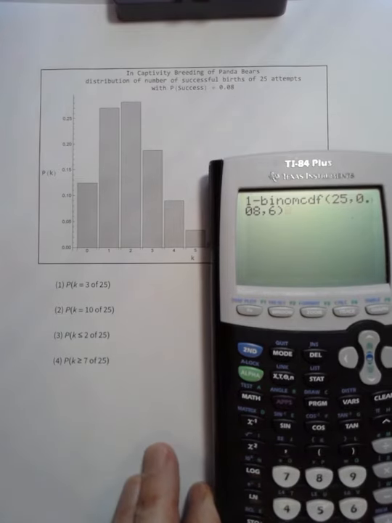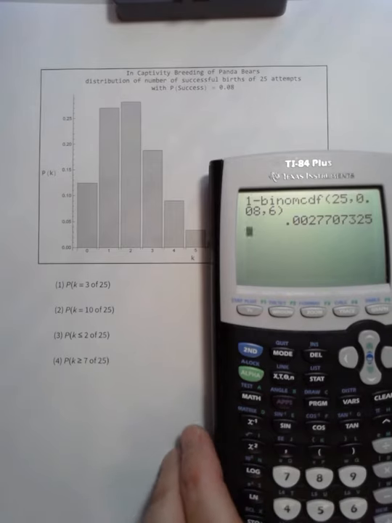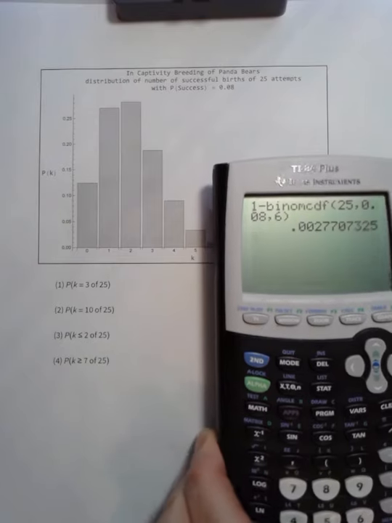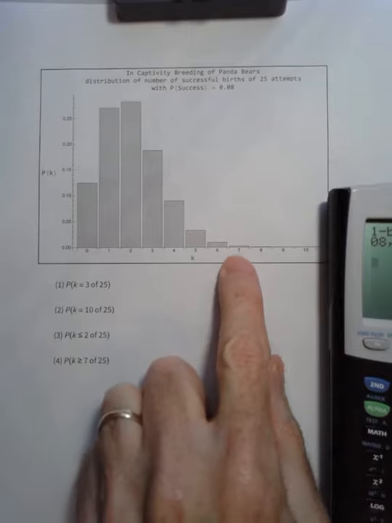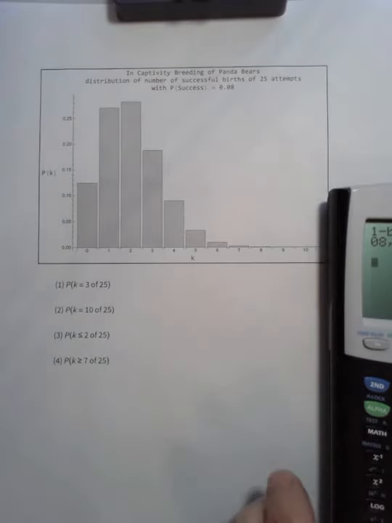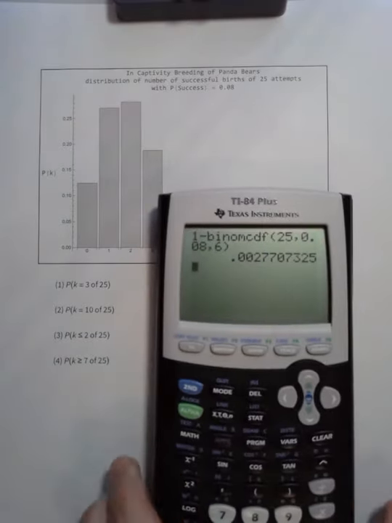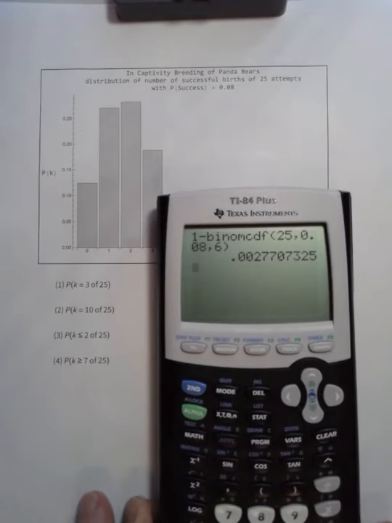And there it is, about only 0.00277, or about 0.28%, about 1/4% probability of obtaining 7 or more successes. So that's the use of binomial PDF and binomial CDF with the TI84.